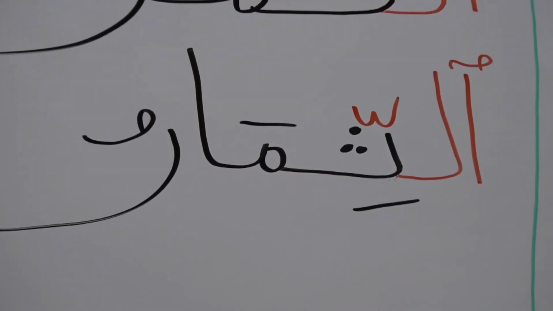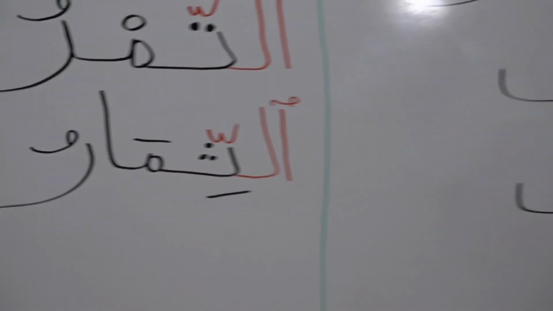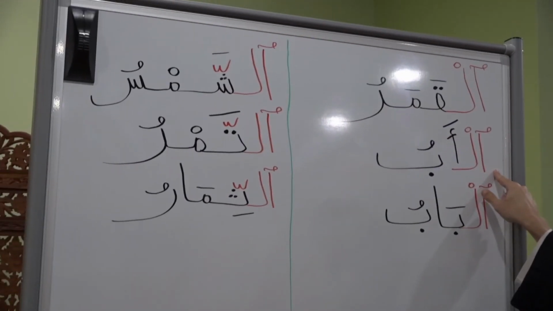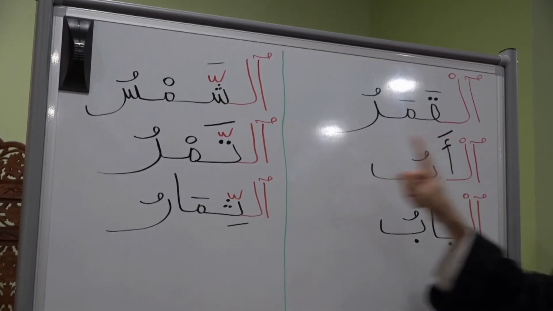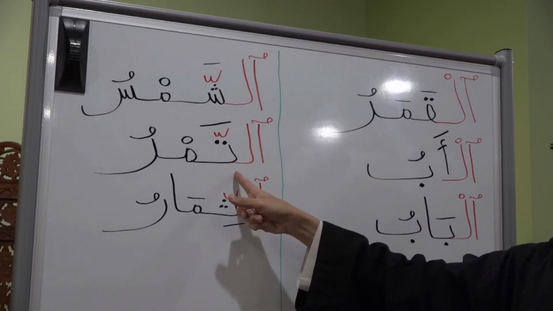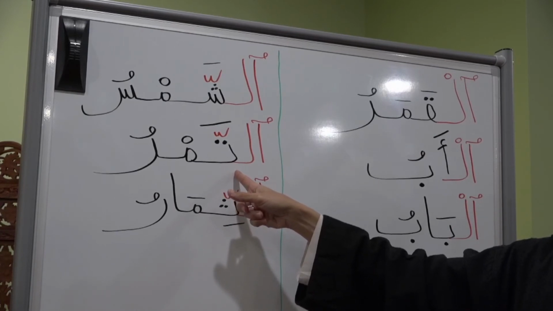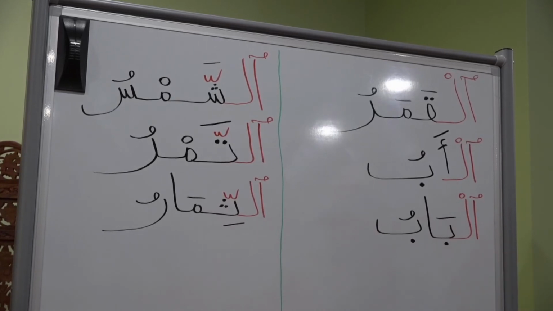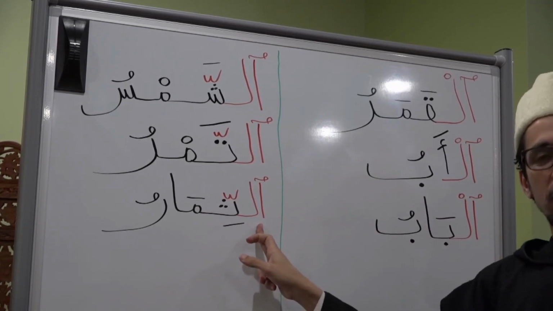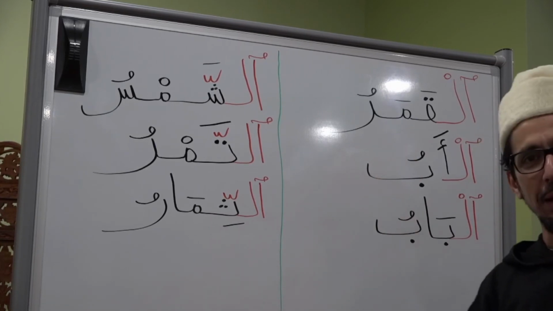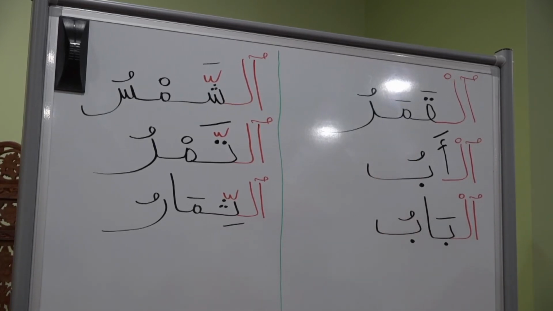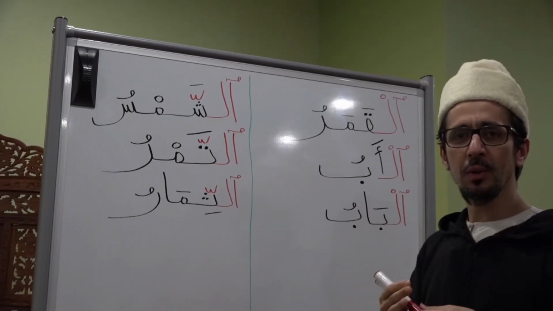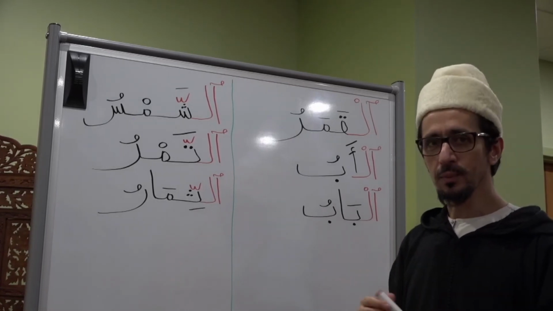Again, al-qamaru, the moon. Ash-shamsu, the sun. Al-abu, the father. At-tamru, the dates. Al-babu, the door. Al-thimaru, the fruits. So this is vocabulary. Learn your vocabulary at the same time. I'm giving you easy nouns to learn.